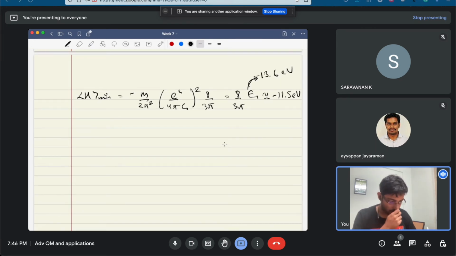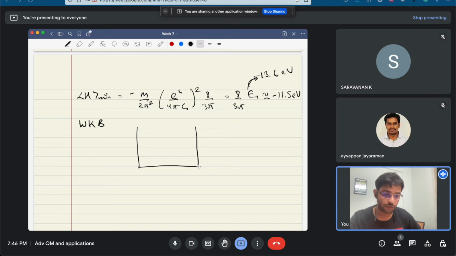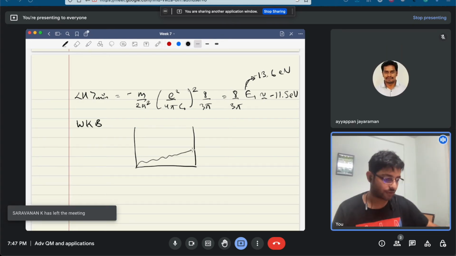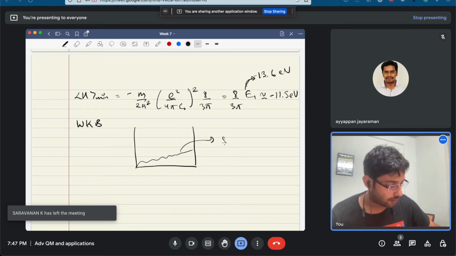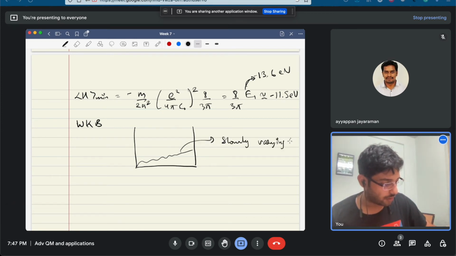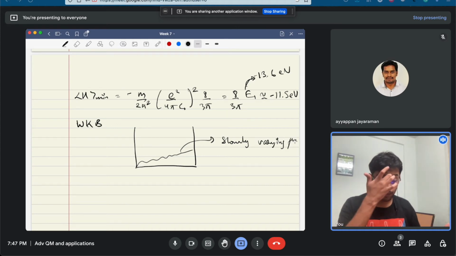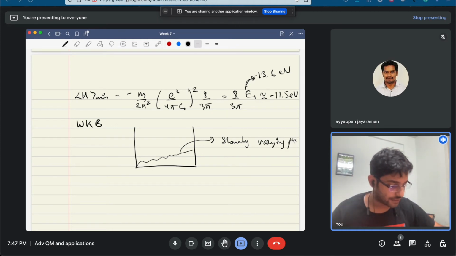Okay, so you have already formally introduced the WKB in your lectures, in which you must have seen that there are potential wells, and instead of a flat well, you get some smooth, slowly varying function. And you can apply the WKB approximation at certain regions which are far away from the turning points.